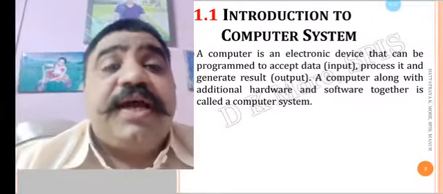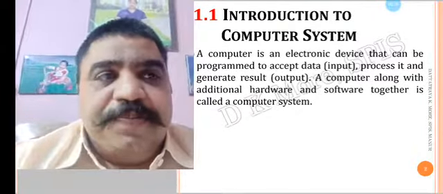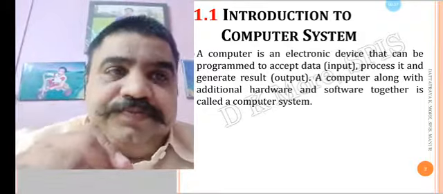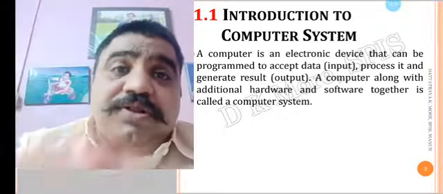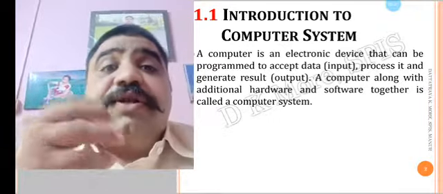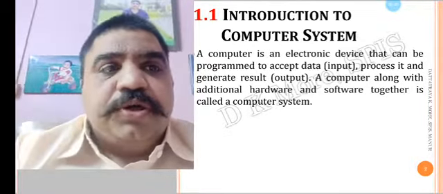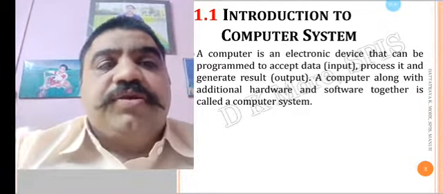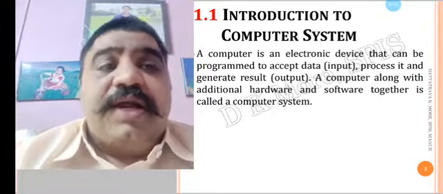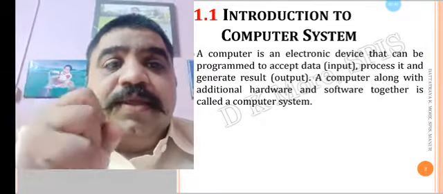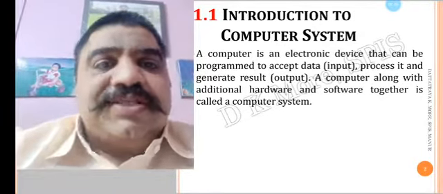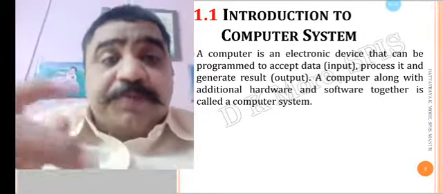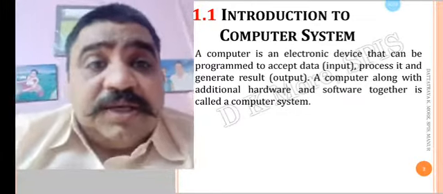A computer is an electronic device that can be programmed to accept data as an input, process that data and generate the result, that is output. A computer along with additional hardware and software together is called a computer system. It's not a single monitor, not a single CPU, not only a keyboard, mouse.